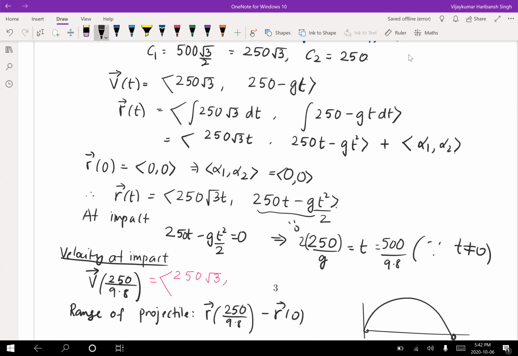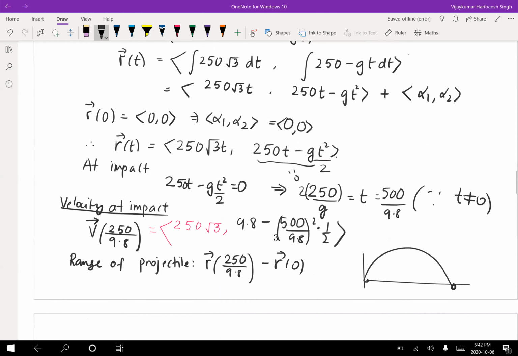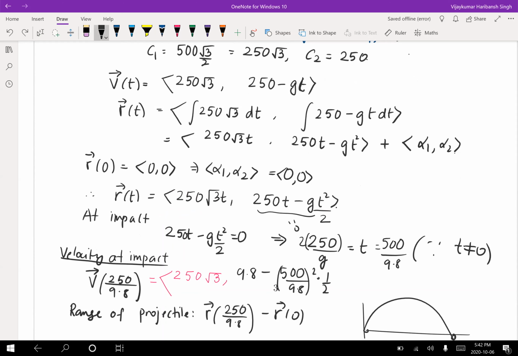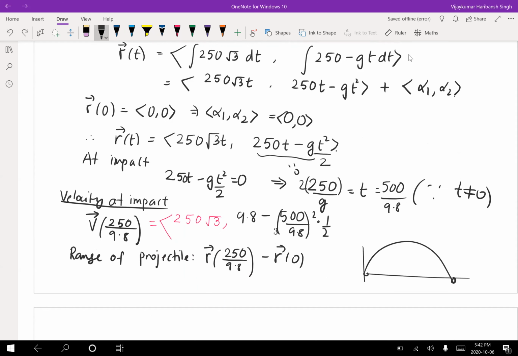Then when I substitute it in here, I get g, which is 9.8, minus 500 by 9.8 squared times half. Whatever that value is. So this is the range of the projectile, and we got t equals 500 divided by 9.8.